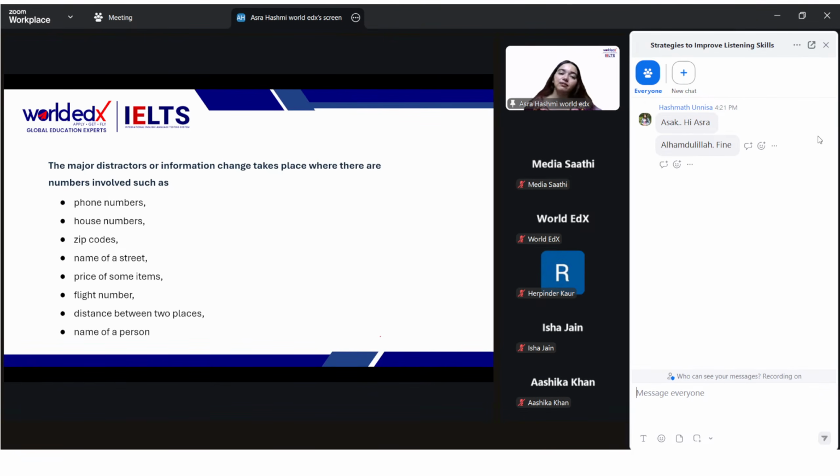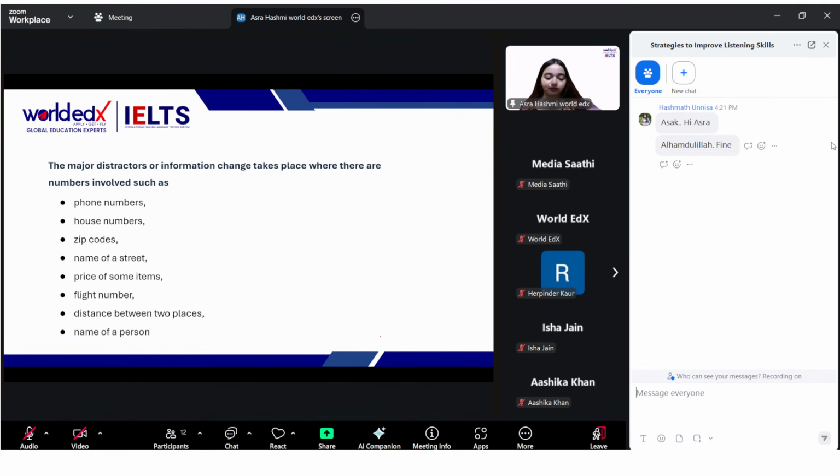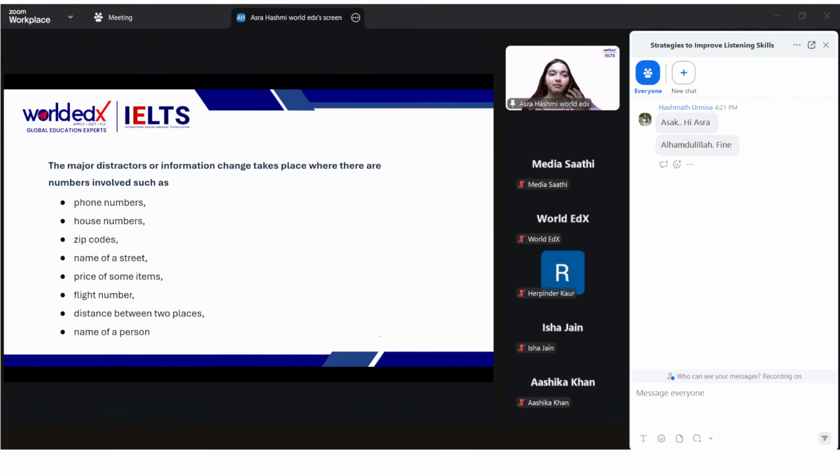Zip codes, maybe again, because wherever there's a piece of information in the form of numbers, chances are that you will get confused, but the answer will be repeated in these kinds of situations. अगर कोई name है तो भी अगर नाम का स्पेलिंग है तो मोस्टली जो है वो रिपीट होती है. अगर पहली बार में आपने मिस आउट कर दिया तो जस्ट कीप ऑन लिसनिंग, बिकॉज अगर नेम है या नंबर है तो it is going to be repeated, and if you missed it once it's fine, you can actually realign yourself.